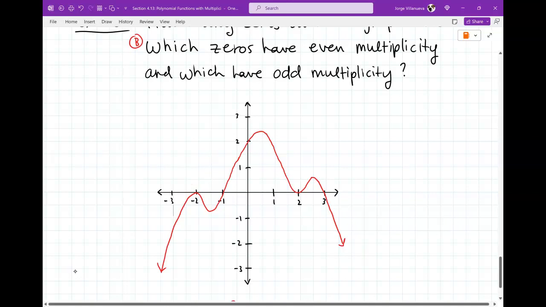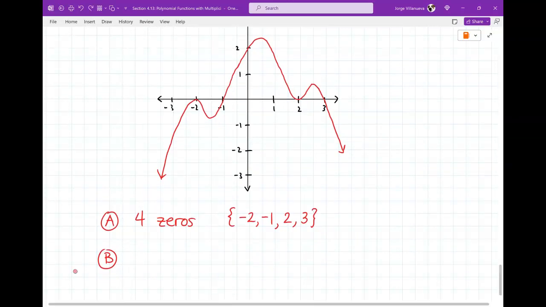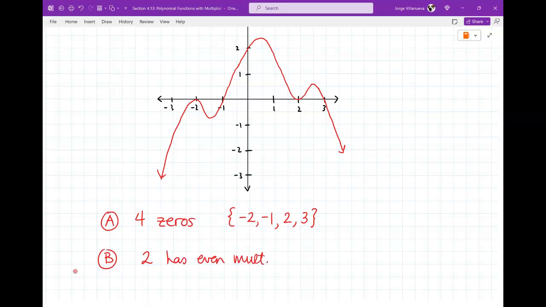What's the other even multiplicity? Positive 2, right here, because right here it bounces off, right? So I'm going to say 2 has even multiplicity, and negative 2 has even multiplicity.